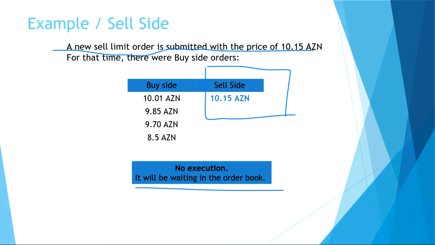So all orders will be in the order book. The market is waiting, no execution, just waiting for someone else to buy our orders or sell to someone's bid, right? Is this sell side example clear?